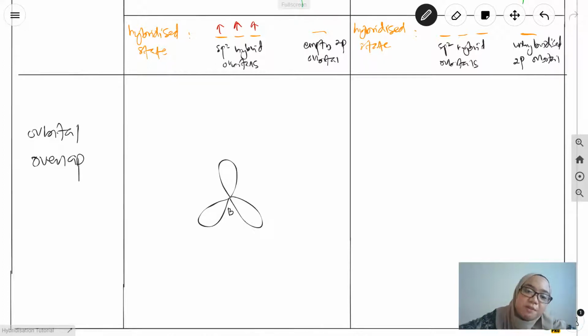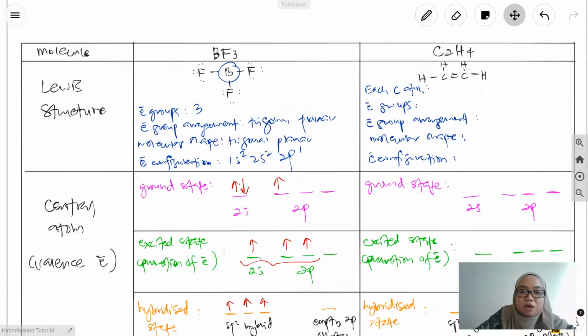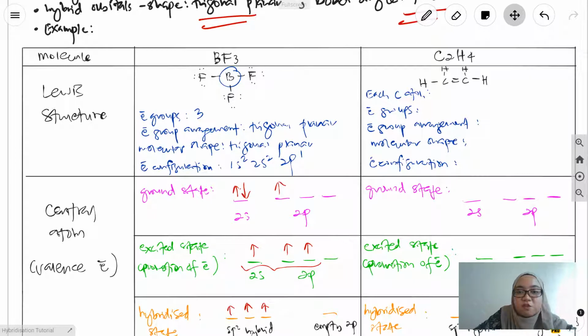Then we need to label all of these: sp2, sp2, sp2. So the boron's sp2 hybrid orbitals are drawn. Next we need to draw the fluorine orbitals. Fluorine is 2p, the 2p that has an unpaired electron.